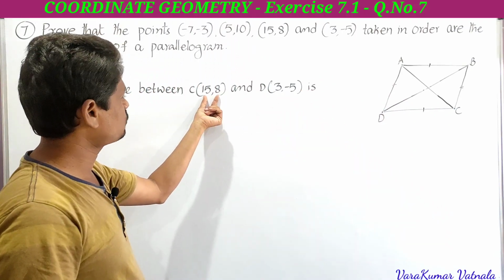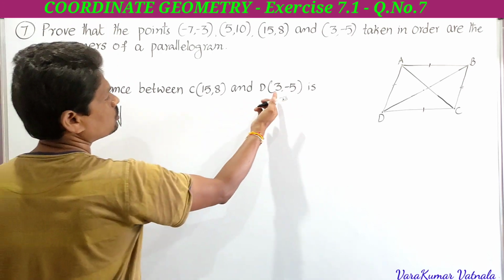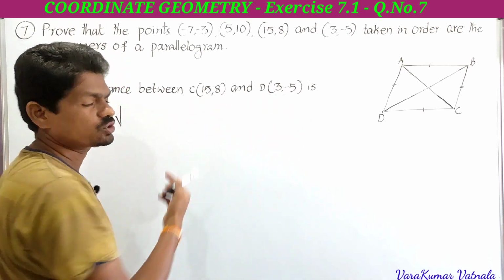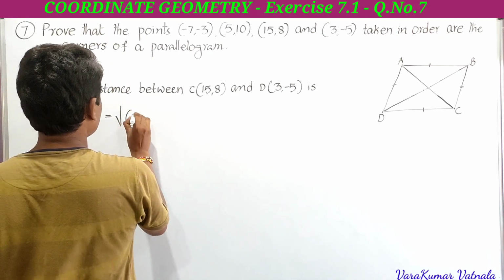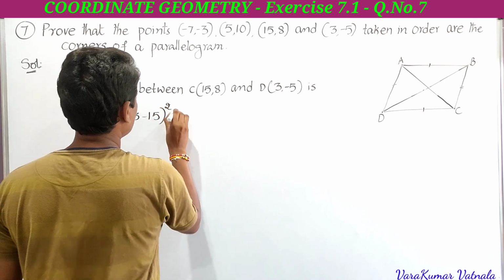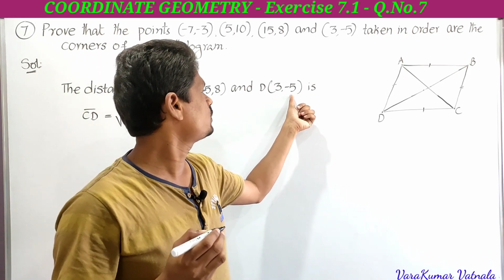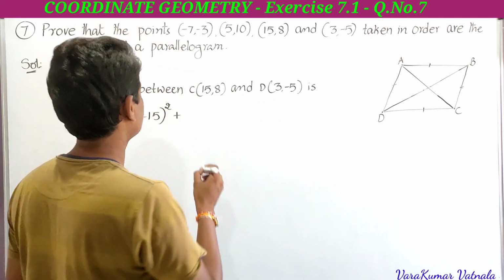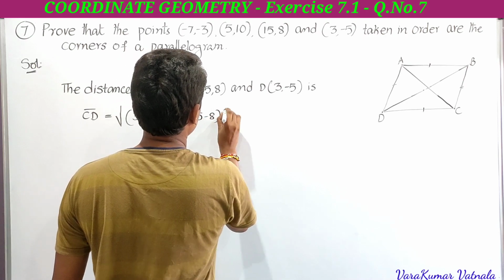Here it is x1, y1 and x2, y2. x2 is 3, x1 is 15, that is 3 minus 15 whole square, plus y2 minus y1 whole square. y2 is minus 5, y1 is 8, that is minus 5 minus 8 whole square.